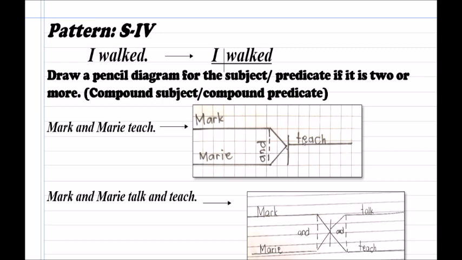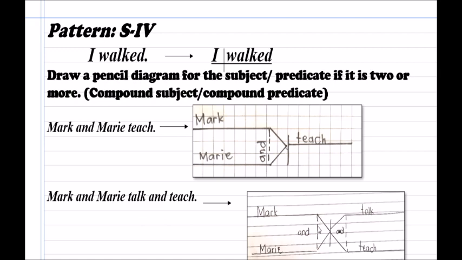Now, what if there is a compound subject and compound predicate? You just have to also draw a pencil diagram for the subject and the predicate. That is a pencil diagram. Mark will be put here and Marie will be put here.